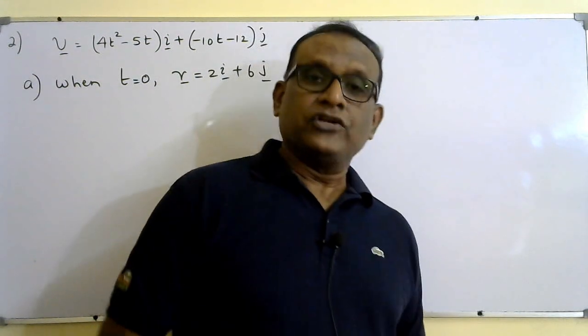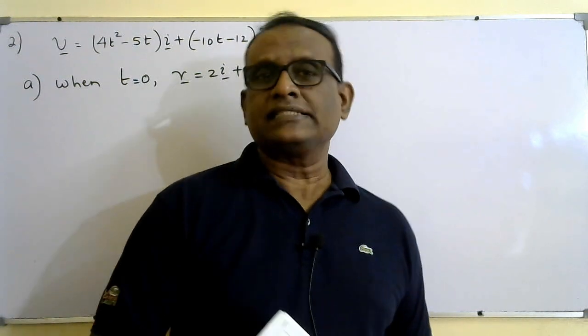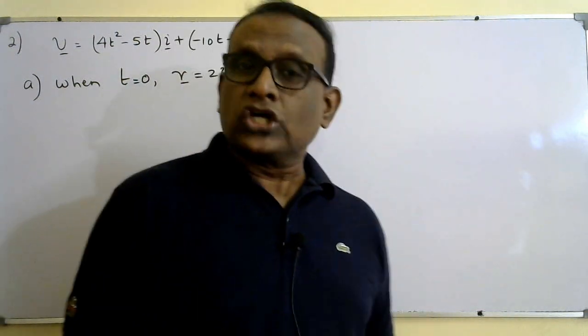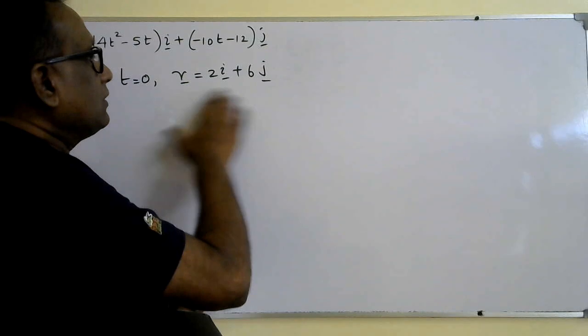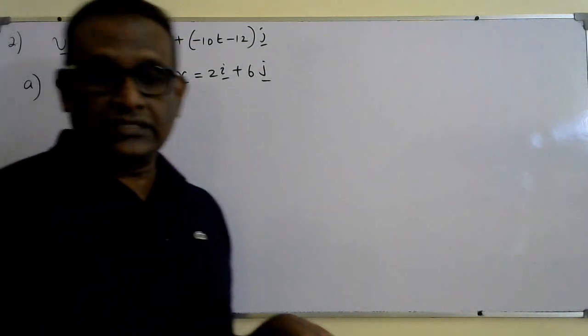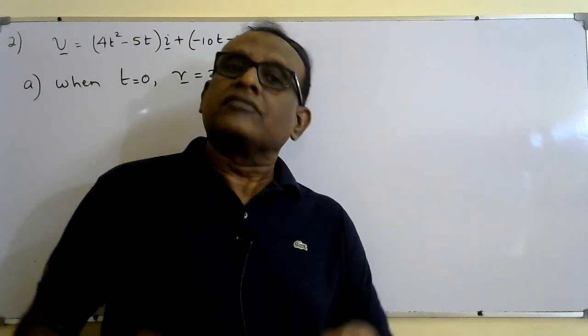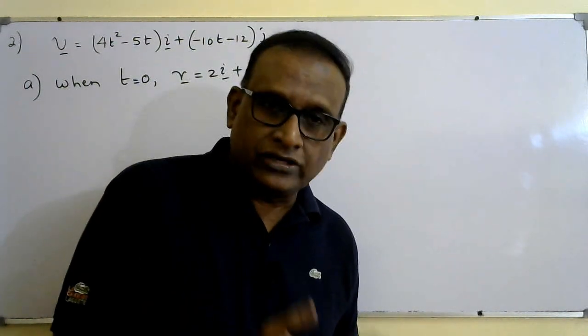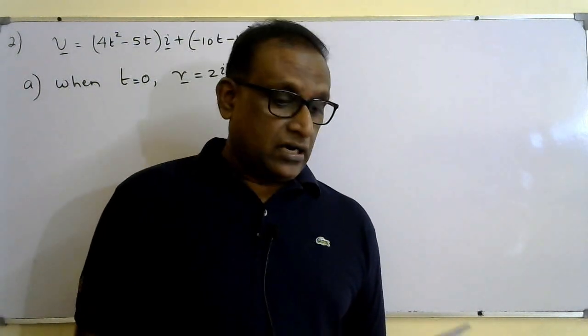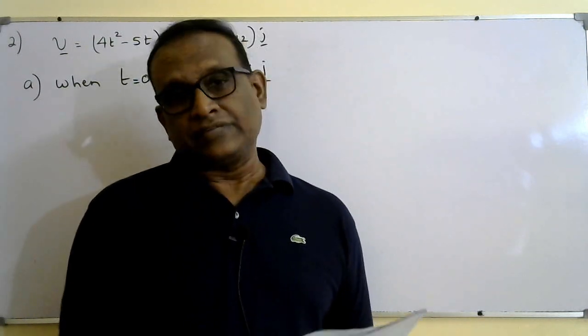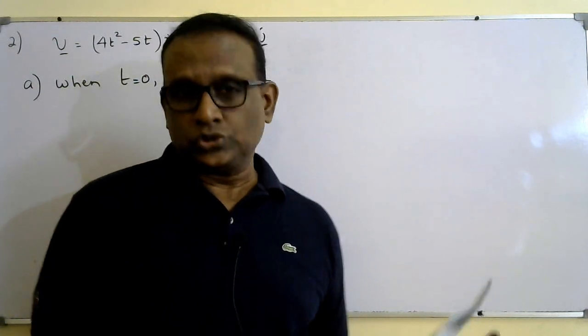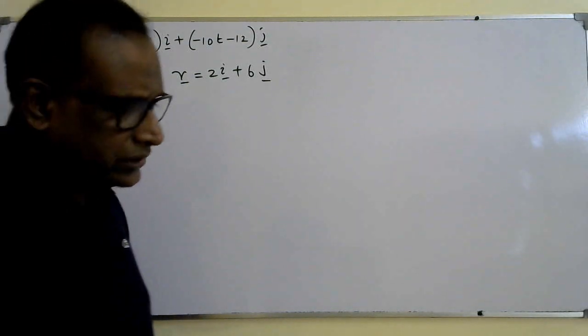The opposite way, when you integrate the velocity vector, you get the position vector. We'll integrate it, and to find the constant we use the condition at t equals 0. Then we get the general equation. Then in the general equation, we substitute t equal to 2. You will get the position vector at time t equal to 2. It's the normal usual procedure.